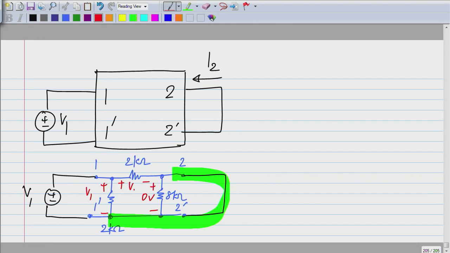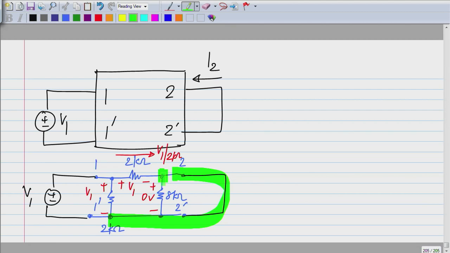Now the current through this 2 kilo ohm resistor is V1 divided by 2 kilo ohms. When it appears at this node, it can go either through the 8 kilo ohm or the short circuit. Obviously, if you have something in parallel with the short circuit, everything will go through the short circuit. This you can easily calculate.